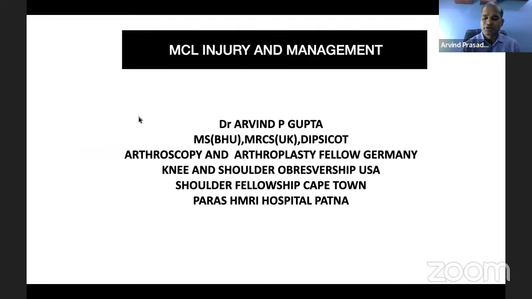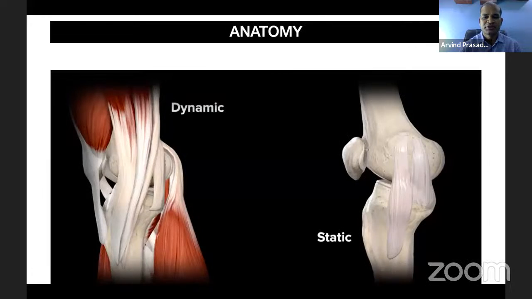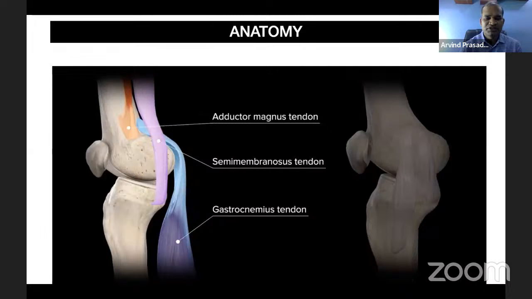So my talk will be on the medial collateral ligament injury and its management. On the medial side, the stabilizers are mainly divided into the dynamic stabilizer of the knee and the static stabilizer of the knee. In the dynamic stabilizer, there is the adductor magnus tendon, the semimembranosus tendon, which is very important, and the gastrocnemius tendon.